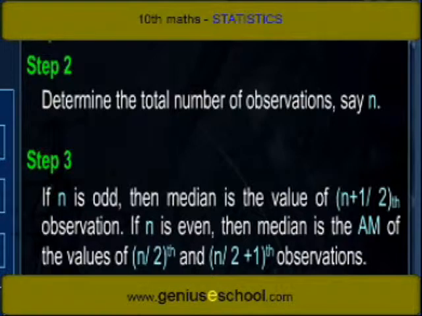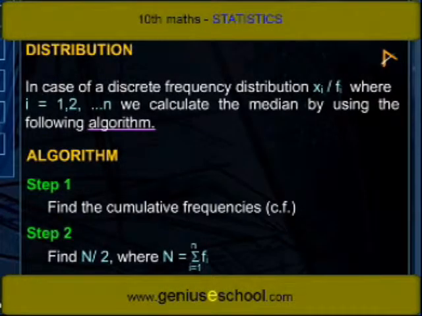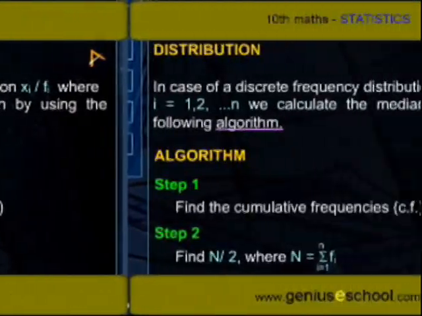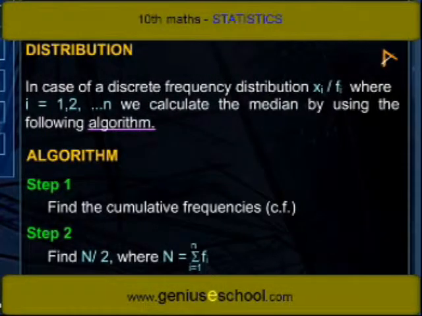If n is even, then the median is the AM of the values of the n by 2th and n by 2 plus 1th observations. Median of a discrete frequency distribution. Discrete frequency distribution xi upon fi, where i is equal to 1, 2, so on to n. We calculate the median by using the following algorithm.